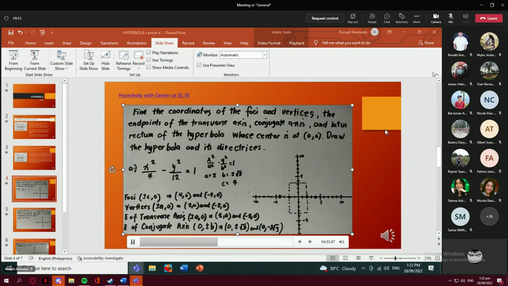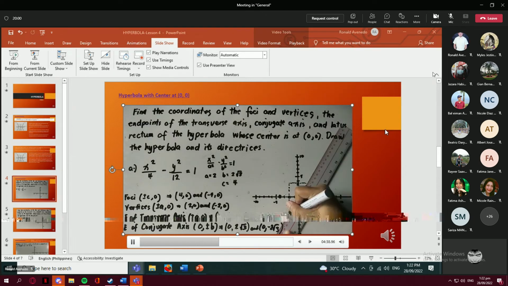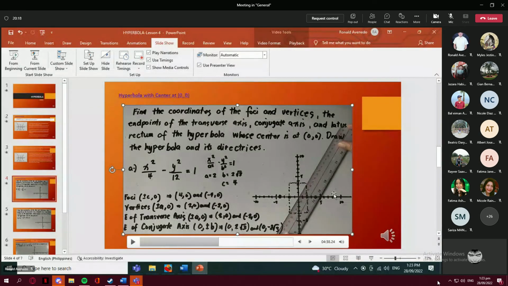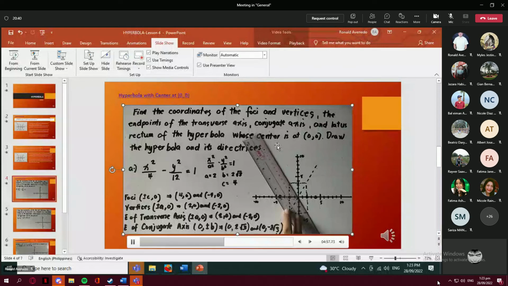Then you're going to connect these 2 points, and these 2 points.